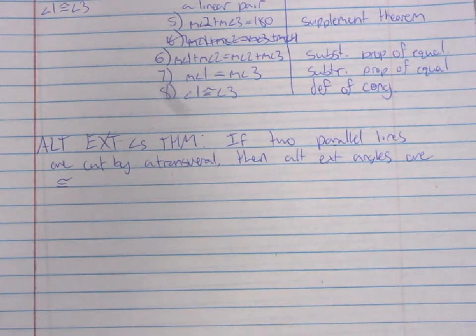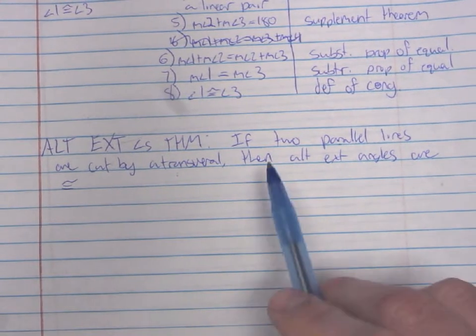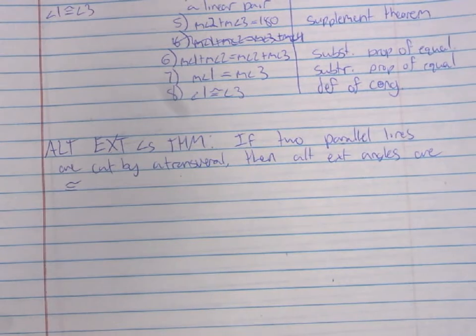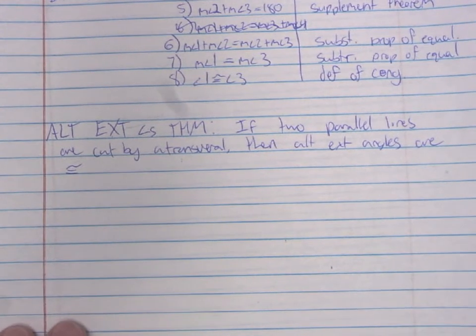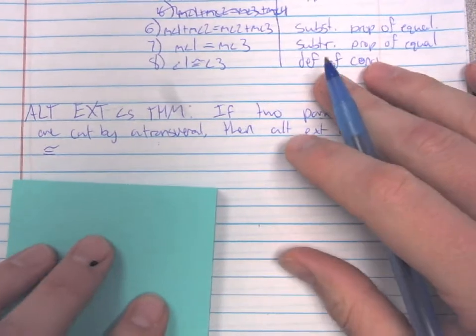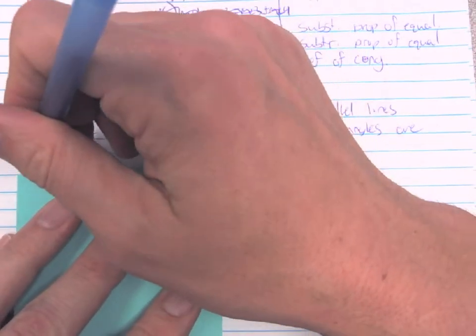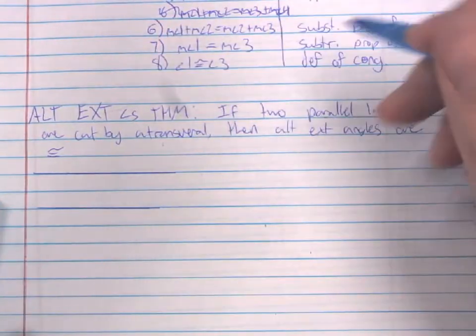So we need to set up a situation where we have the given, the if part established, and then we try to prove the then part. We're going to assume parallel lines, and we're going to prove alternate exterior angles. So let's create a figure, label it, and then use that figure to do our proof. There's our parallel lines.